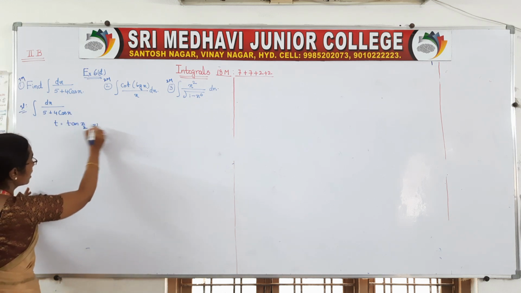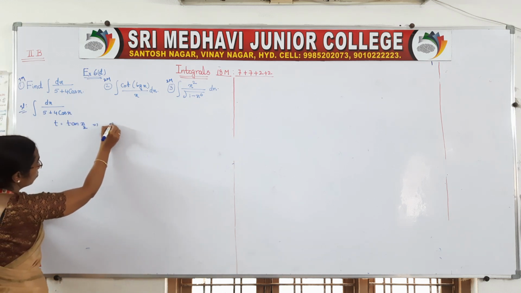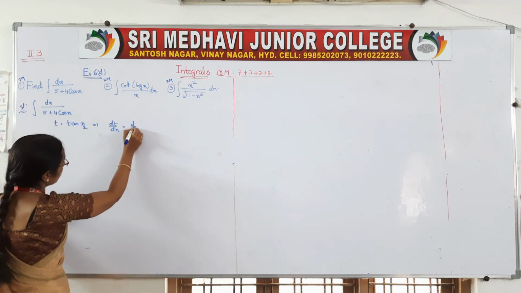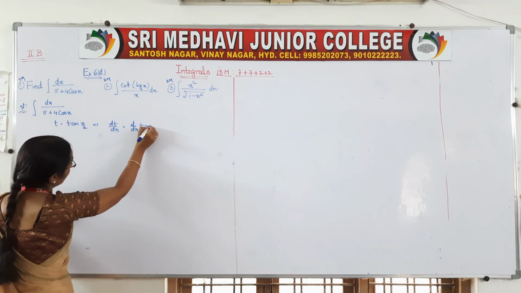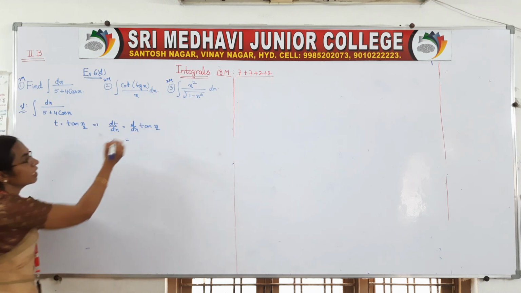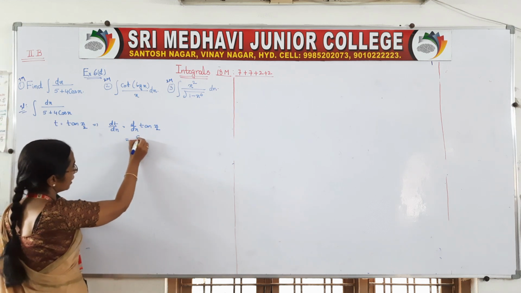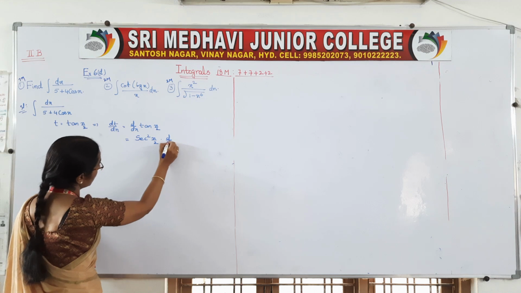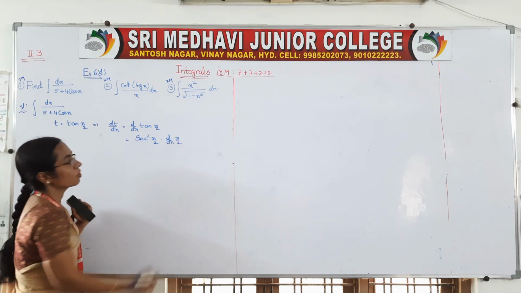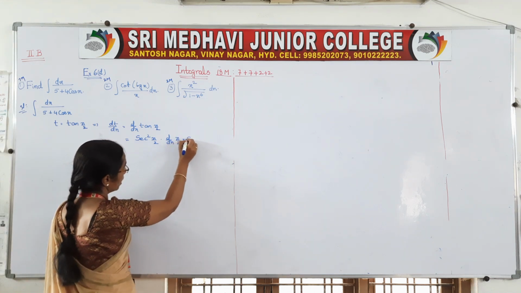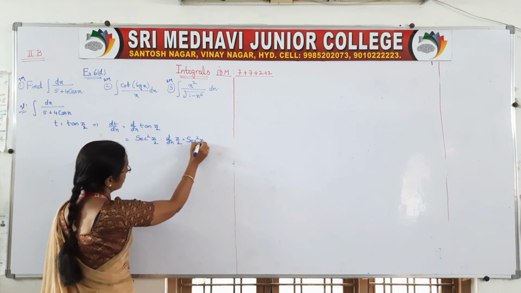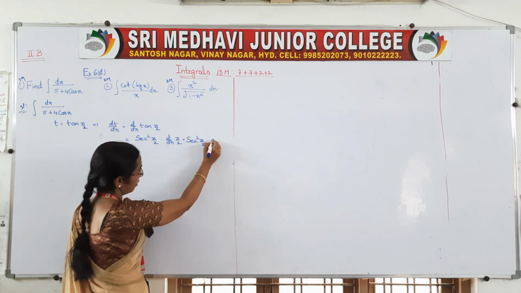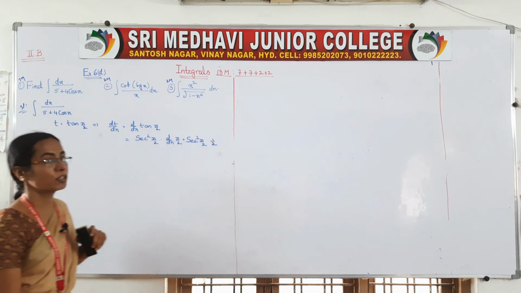Then differentiating with respect to x on both sides, dt by dx is equal to d by dx of tan x by 2, which is secant square x by 2 into d by dx of x by 2. So it is secant square x by 2 into 1 by 2, since d by dx of x is 1.